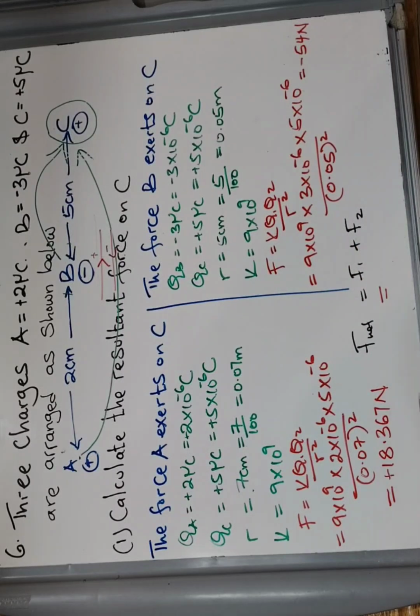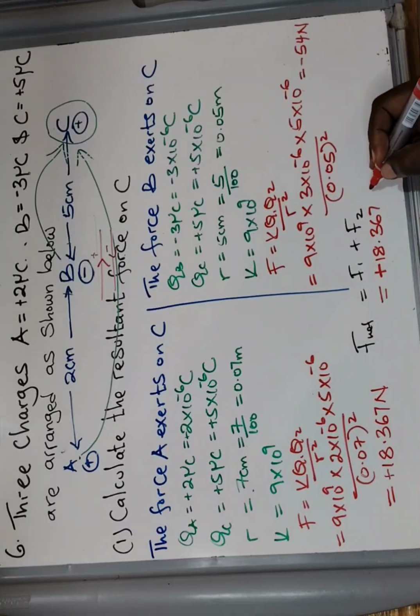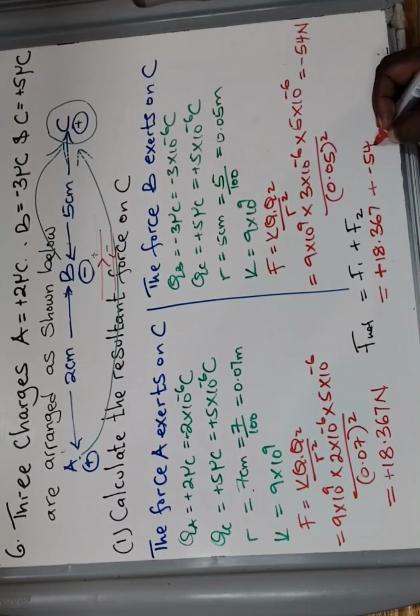Our F1 is plus 18.376. It's very important that you know that this formula comes with its sign. So plus what? Plus negative 54 newtons.